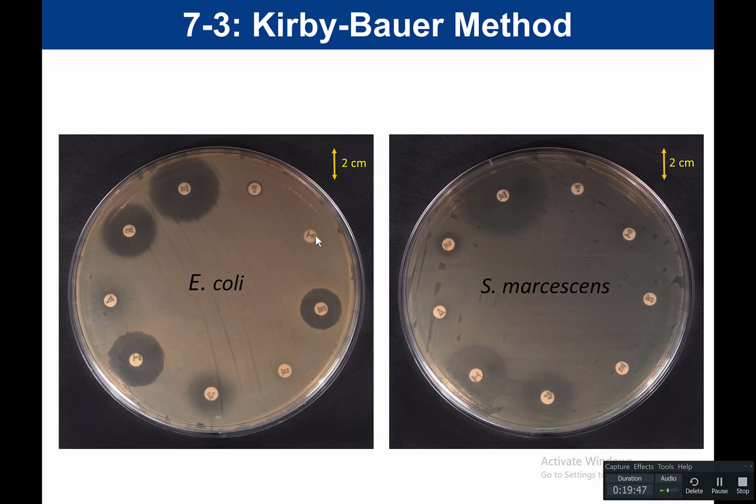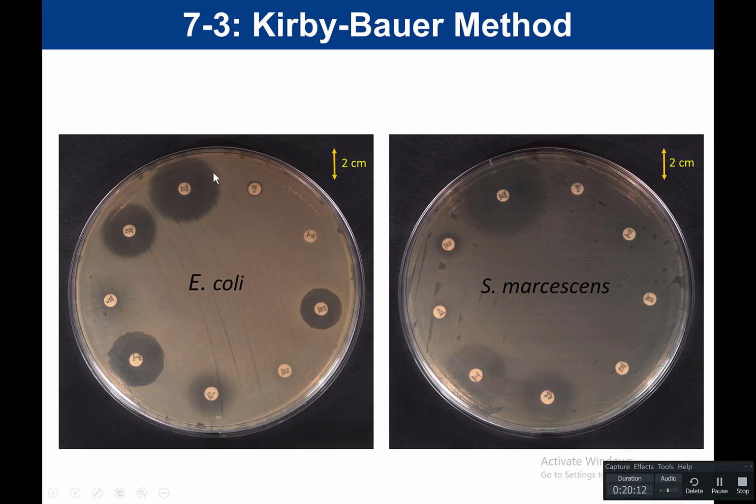So your zone of inhibition is basically nothing, right? So in this case, E. coli is resistant to clindamycin. And so for each of these discs, you would record your zone of inhibition. Again, you would measure from the edge of one clear zone to the other and record that in millimeters.